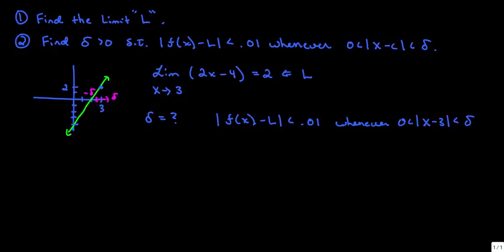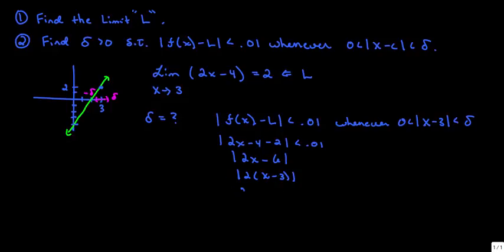So let's plug in here what we know. We know that f of x is equal to 2x minus 4, and the limit we believe is 2. So we want that to be less than 0.01. This reduces to 2x minus 6, which reduces to 2 times x minus 3.